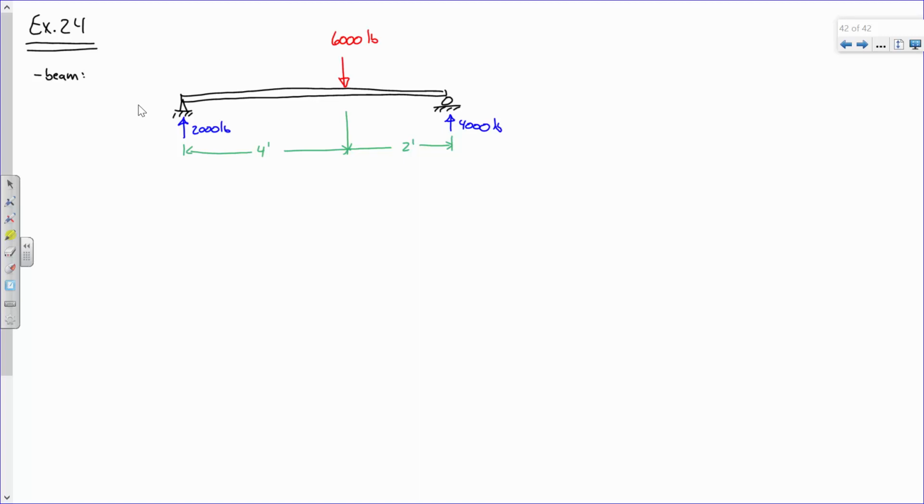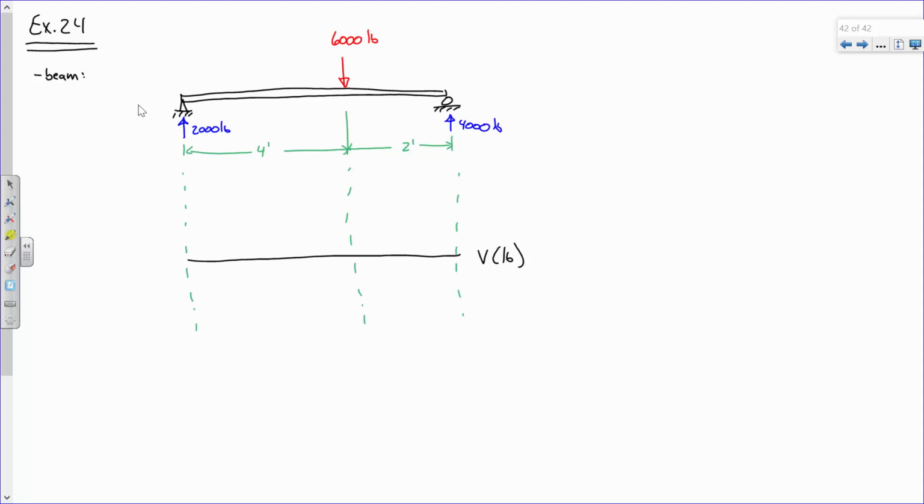Now, let's draw the shear diagram. What does the shear diagram look like? We start at 0, we end at 0.